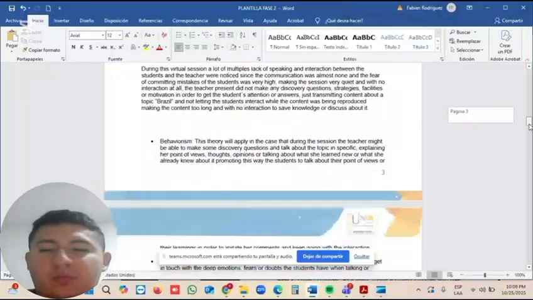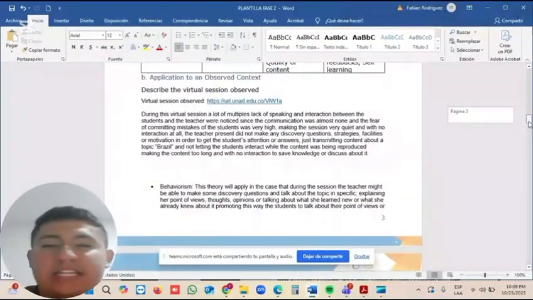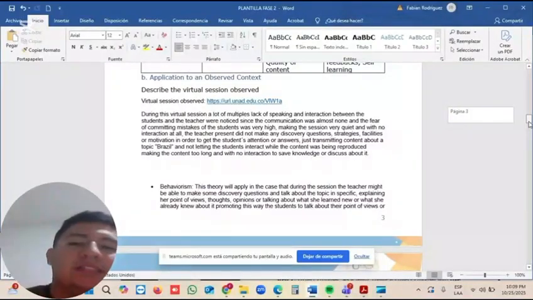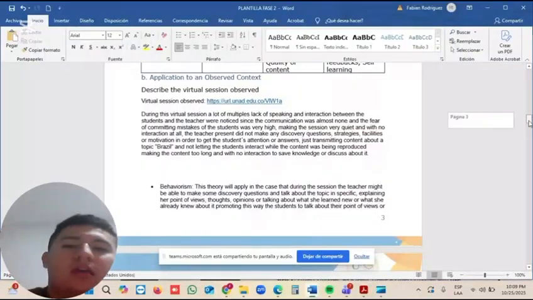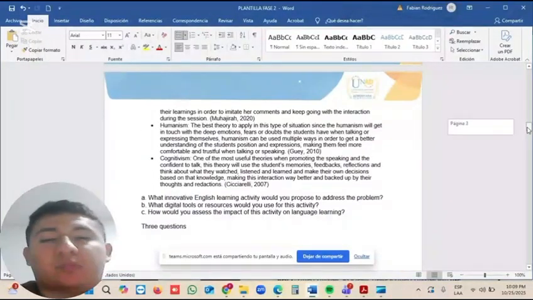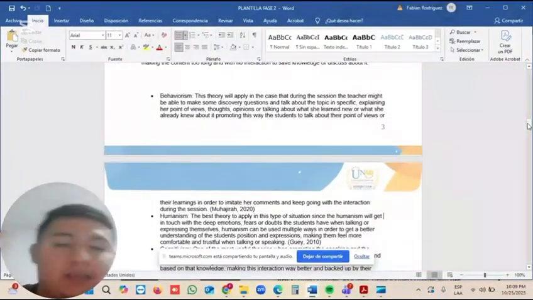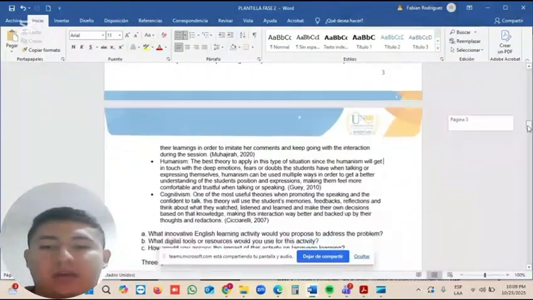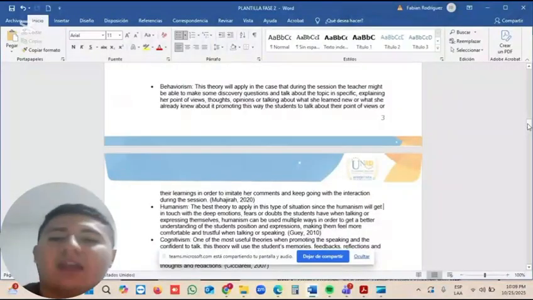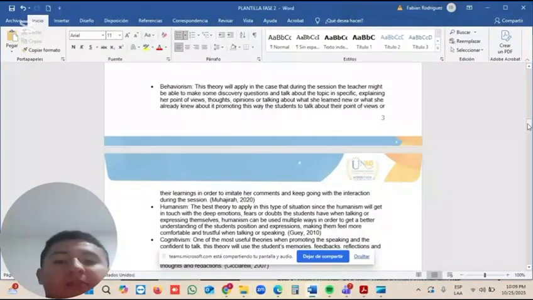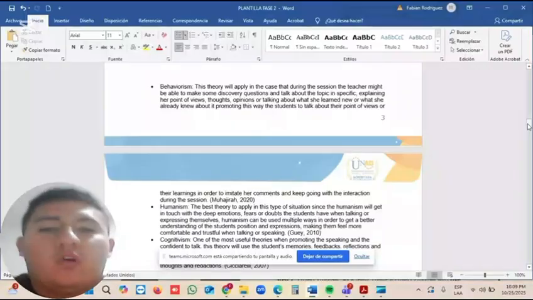Now this is going to be the virtual session observed, and how we're going to apply it. With behaviorism, we noticed during the virtual session that there were multiple lacks of speaking English, the usage of the language. So by implementing behaviorism, humanism, and cognitivism, we're going to improve all those.